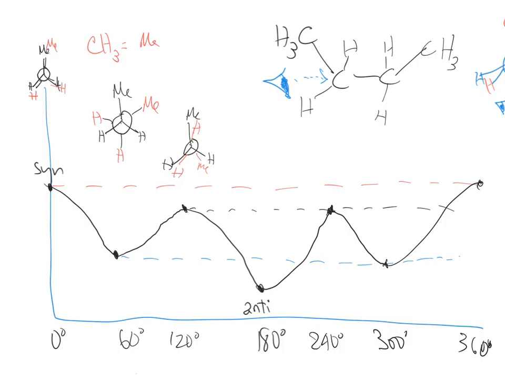Those are given special names. That's called gauche. Gauche is when the two large groups are staggered with respect to each other. So yes, it's lower in energy, but not as low as anti, or not the lowest it could be, I should say. Once you get used to this, you would expect it for something to be gauche.